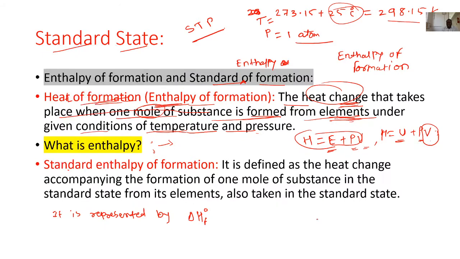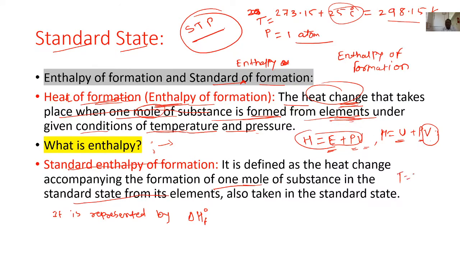What is called the standard enthalpy of formation? Right now we have seen what is the standard temperature and pressure. So standard enthalpy of formation is defined as the heat change accompanying the formation of 1 mole of substance in the standard state. In the standard state, which standard state?